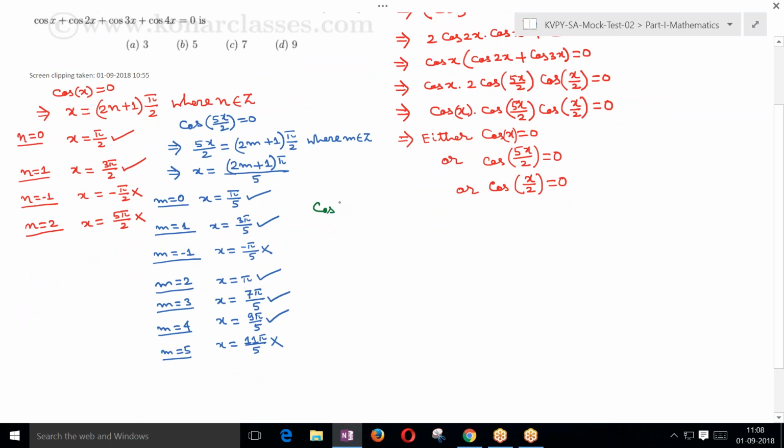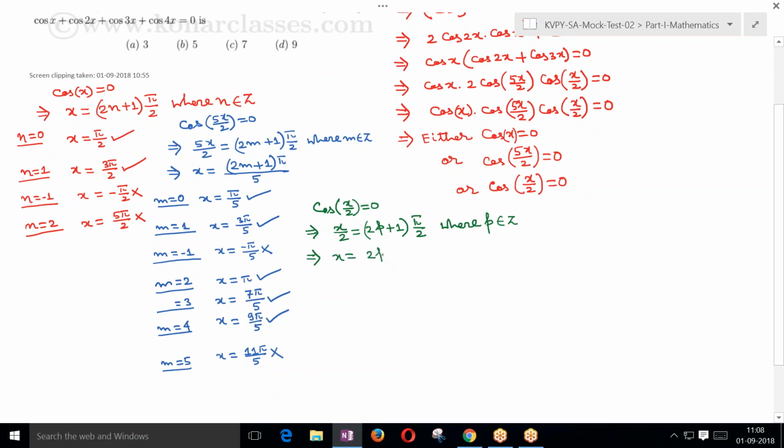From here we get x by 2 is equal to 2 into p plus 1, because n we cannot write, m also we cannot write since we have already used them for the other two cases, where p belongs to the set of integers. So from here we get x is equal to 2p plus 1 into pi, because by 2 got cancelled.